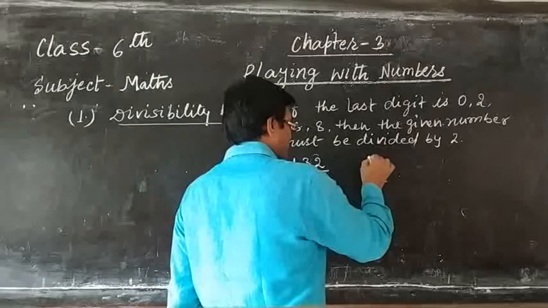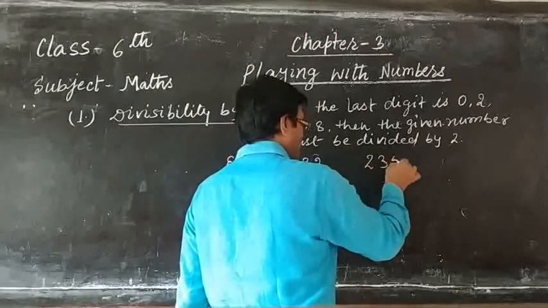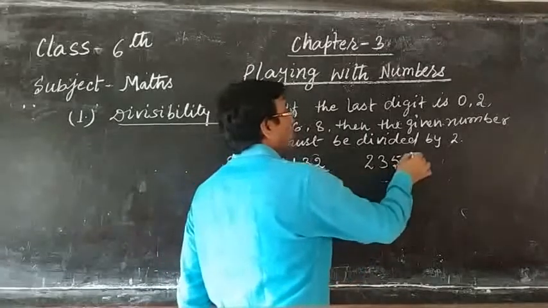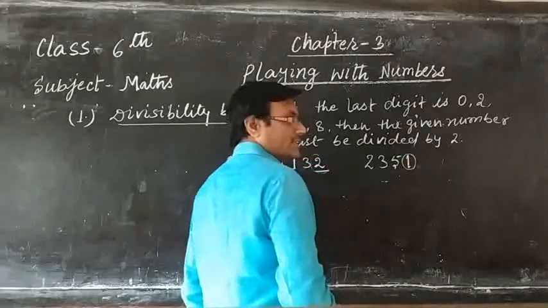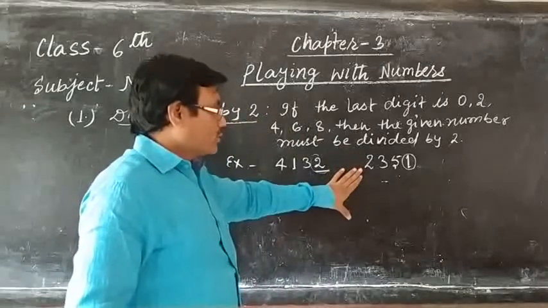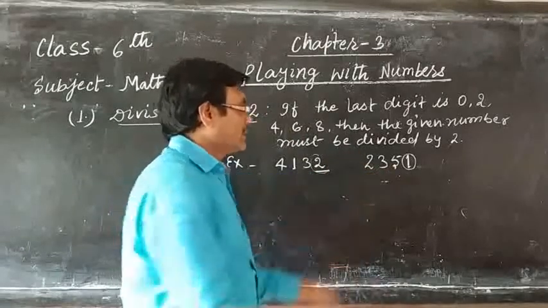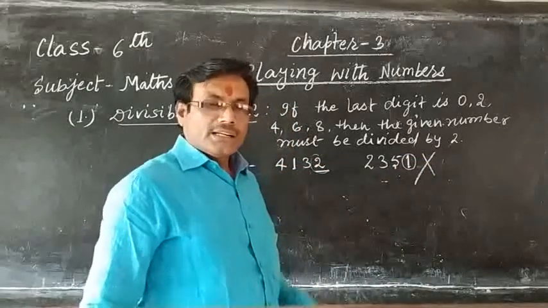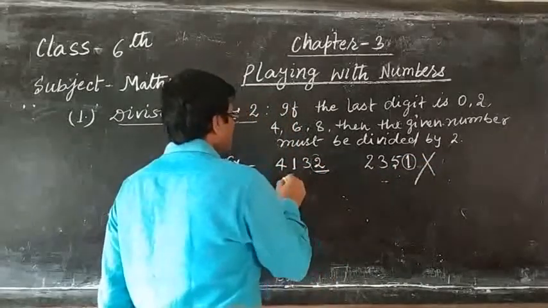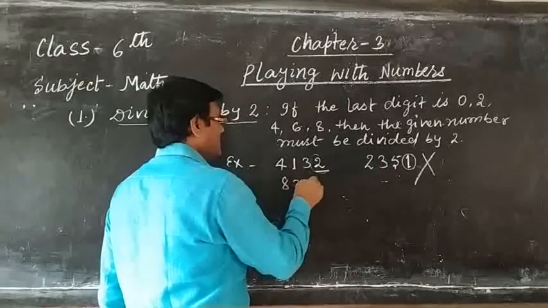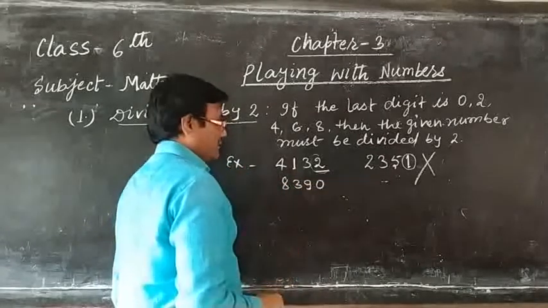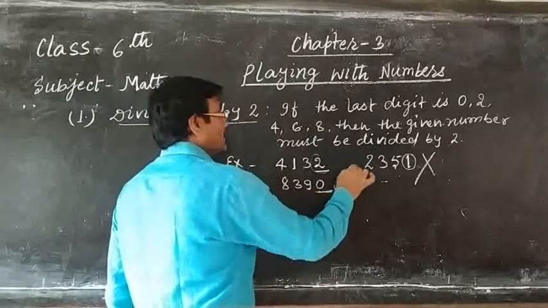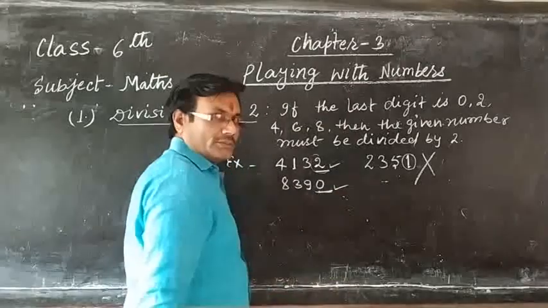Again, we take 2351. Here the last digit is 1, so it shows that the number 2351 cannot be divided by 2. Same with 8390. Here the last digit is 0, so it must be divisible by 2.